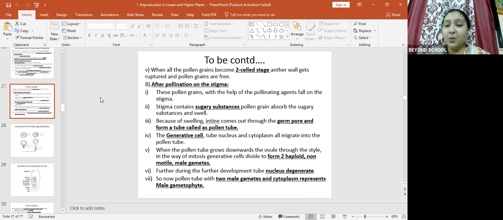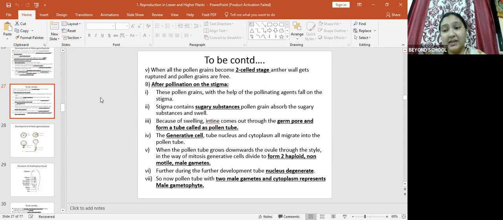It is reaching towards the ovule. Okay. And once it is reaching towards the ovule, साथ में हमारा generative cell जो है, right? This generative cell is going to start dividing itself via mitotic division, right? And when this generative cell divides via mitotic division, it is going to form two haploid cells.